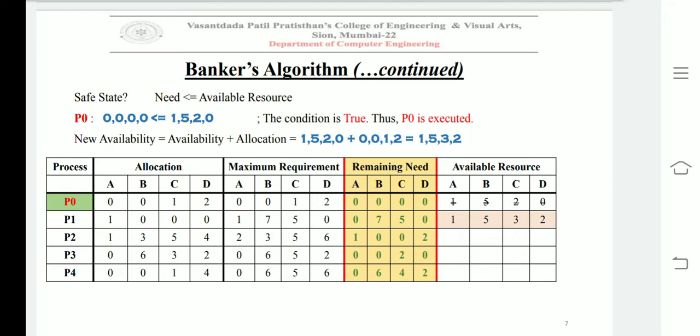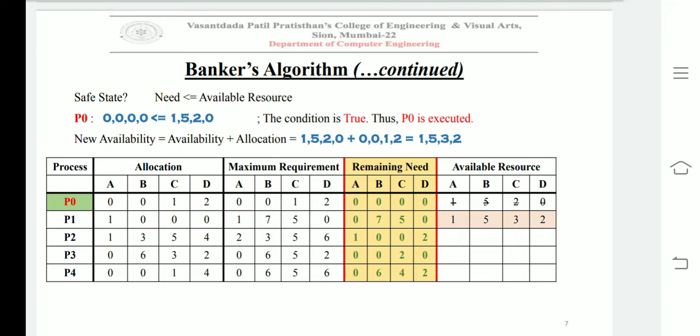What is our formula? Need is smaller than or equal to available resource. What is the need of P0? 0, 0, 0, 0. Is it smaller than or equal to the available resource, that is 1, 5, 2, 0? Yes, the condition is true. Thus P0 will get executed. Now we need to update the value, so that we get the new available resource.